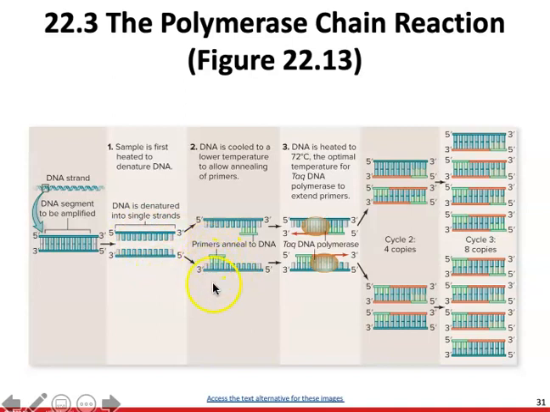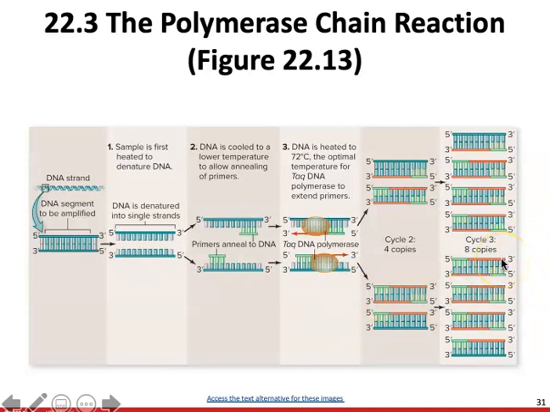DNA primer binds to those single strands, and then DNA polymerase can zip along and fill in the complementary nucleotide base pairs. Once it is completed, we now have 4 strands where once there were 2 strands. A second round begins, and we're going to end up with 8 copies of DNA.